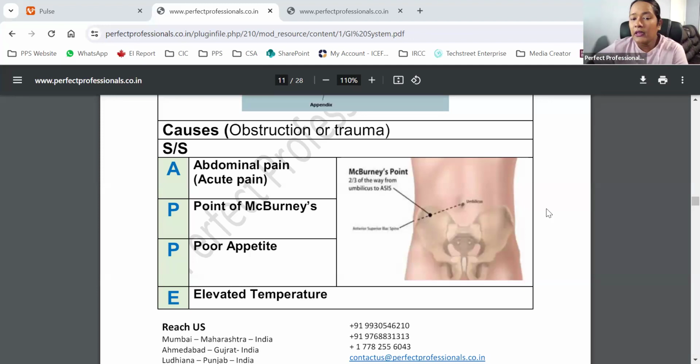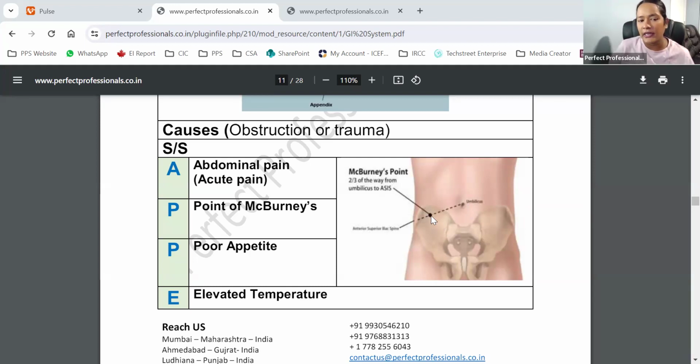The iliac spine is 2/3 away from the umbilicus. Okay, at the iliac spine, that's called the McBurney point. Okay, anterior superior iliac spine. Okay, meaning approximately 2/3 away from the umbilicus toward the iliac spine is the McBurney point.